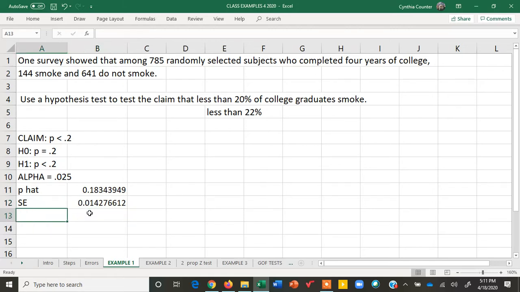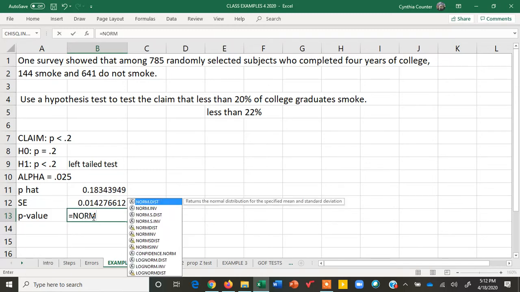Now we're ready to compute the p-value. And this is a left-tailed test. So to find the p-value, I'm looking at the area in the left tail, and we're using a normal distribution.